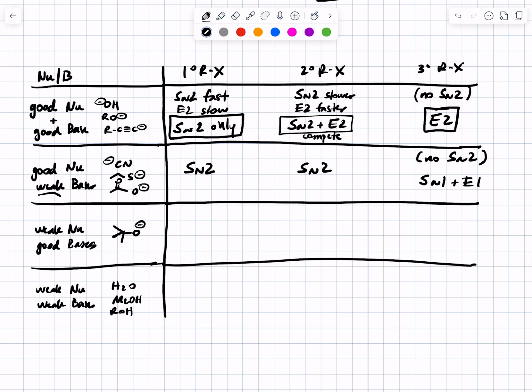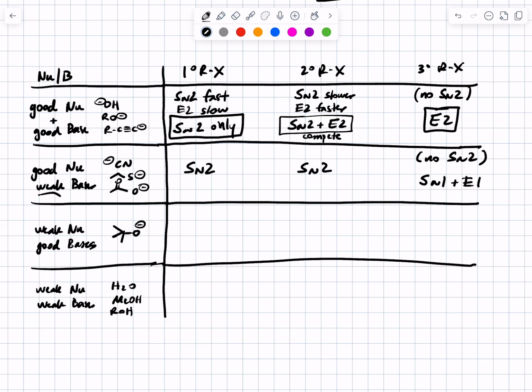You have to wait for the leaving group to leave, and once you do that, you get a carbocation, and you're no longer selective for SN1 versus E1. Now, some students want to know, hey, you told me this is a good nucleophile, so isn't there a preference? Can't the good nucleophile still prefer to attack the positively charged carbon of the carbocation? And the answer is, once you get to that carbocation, it's high enough in energy that the selectivity of the nucleophile goes away, and it's good enough to attack the carbon and to remove the beta proton.